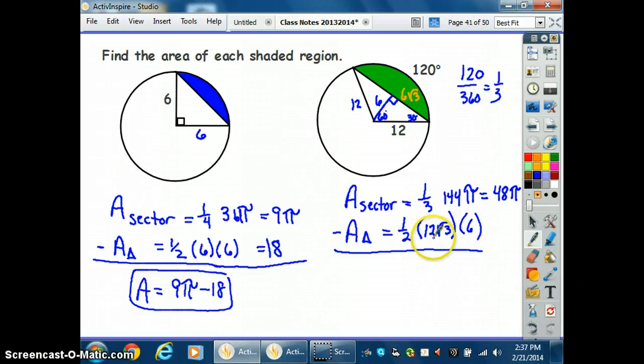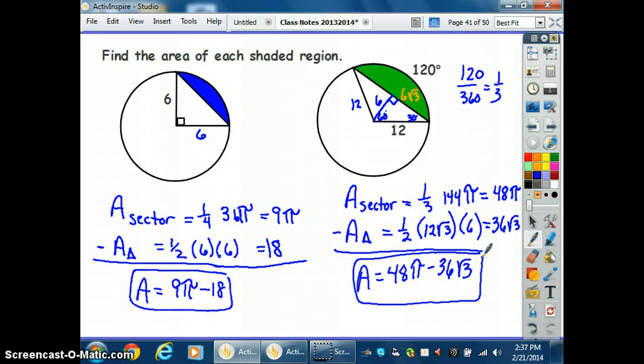And half of 12 is 6. 6 times 6, that's 36 radical 3. Okay, so then our answer, the area is 48 pi minus 36 radical 3. Okay, next one.